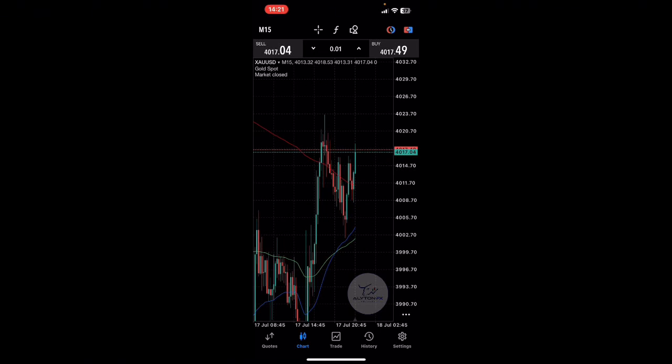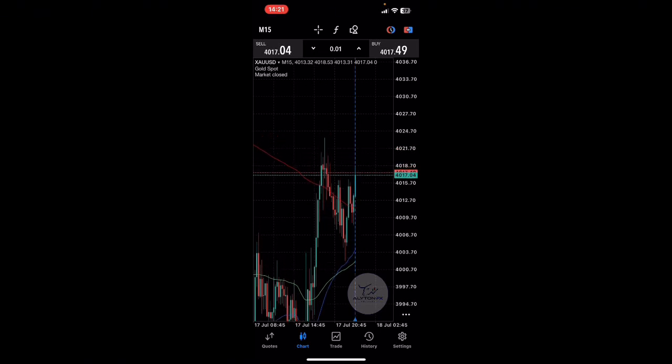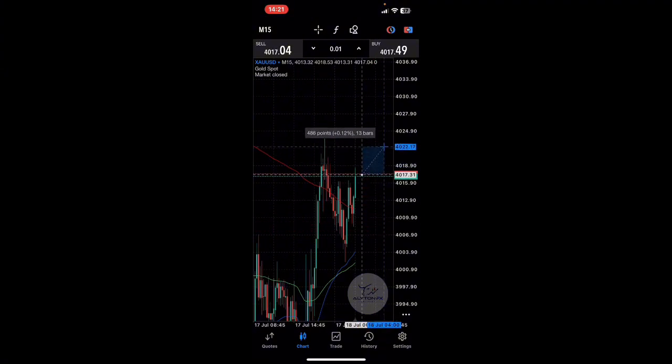In the price chart, the current price is at 4017.04. Let's say price moves from 4017 to 4027.